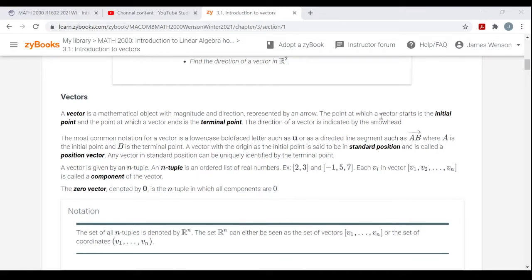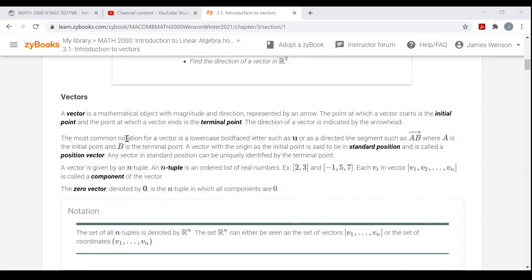The point at which the vector starts is the initial point, and the point at which the vector ends is the terminal point, like beginning point, end point. The direction of a vector is indicated by the arrow head. I'll draw arrows here in a minute, and you'll also see pictures of arrows on the animations coming up.